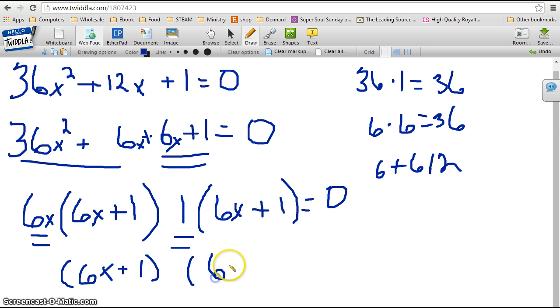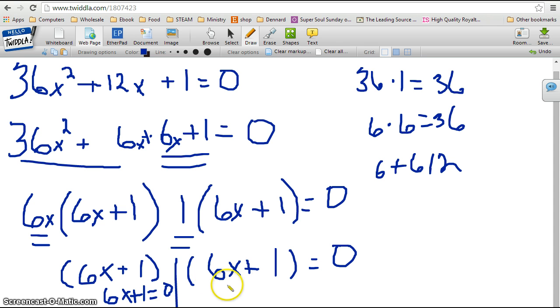So you're just going to bring that down: 6x plus 1 equals 0. You set these to 0: 6x plus 1 equals 0, and 6x plus 1 equals 0. And then you solve for it.